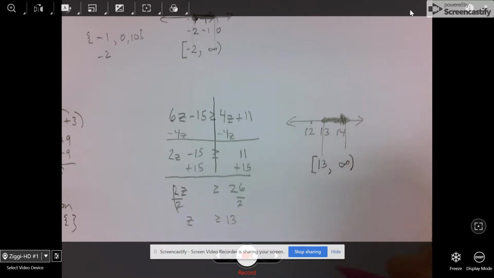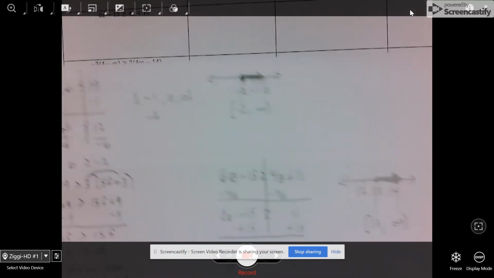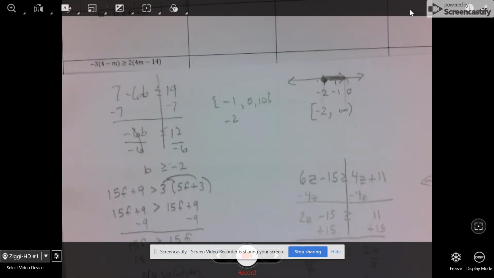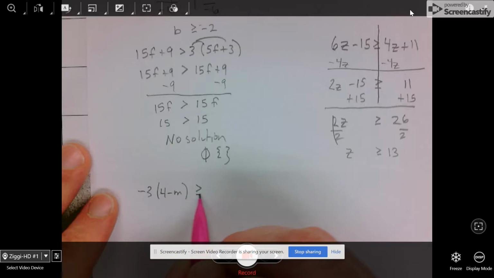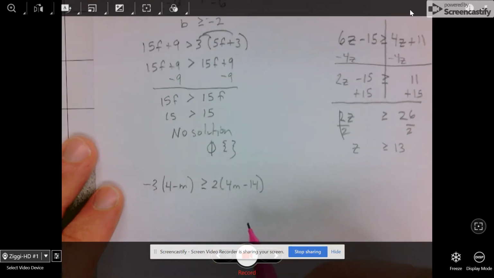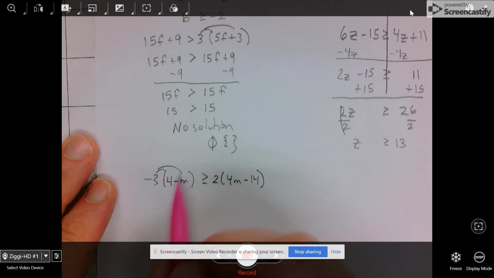Okay, so next one will be negative 3 times 4 minus m is greater than or equal to 2 times 4m minus 14. Distribute, be careful with your negatives. Negative 3 times negative 1m is 3m. 8m minus 28.